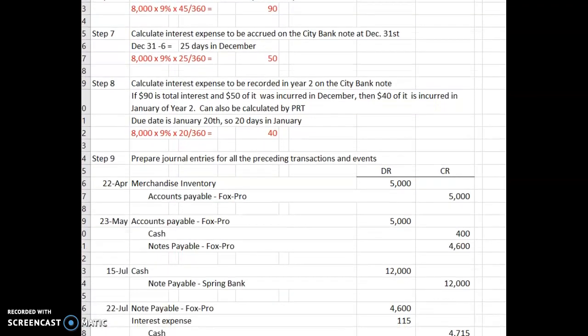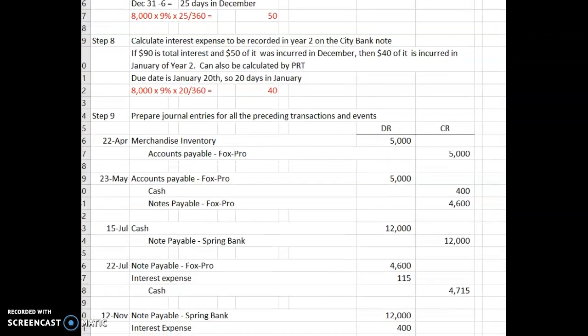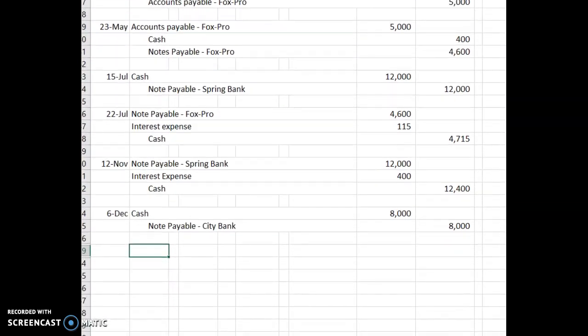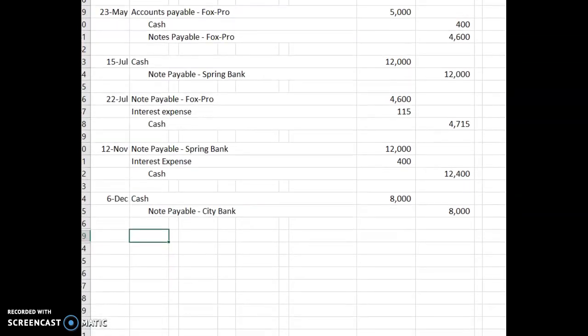That is a Chapter 3 journal entry. It's been a while since you've written an accrual journal entry, so let's write it together. And you probably remember from Chapter 3 that we need to debit interest expense and credit interest payable for the $50 of interest.